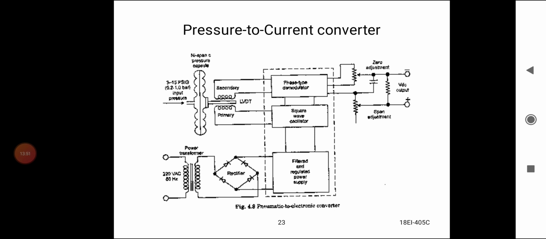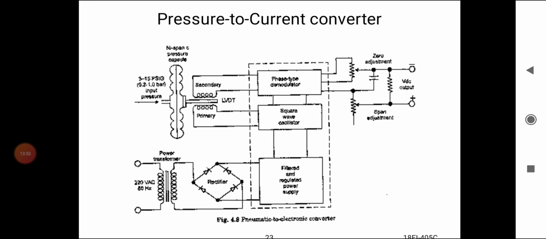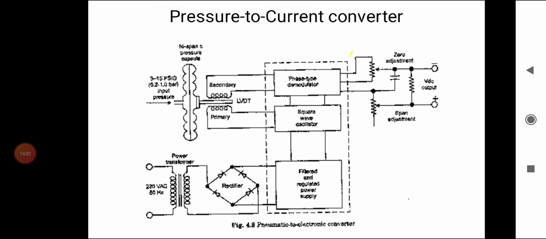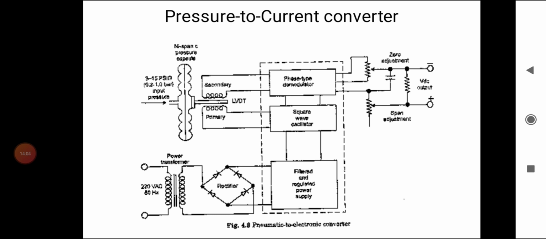The pressure to current converter. Here the pneumatic signal pressure, 3 to 15 psig, pounds per square inch gauge, or 0.2 to 1.0 bar, is applied as input to the nickel span C pressure capsule.